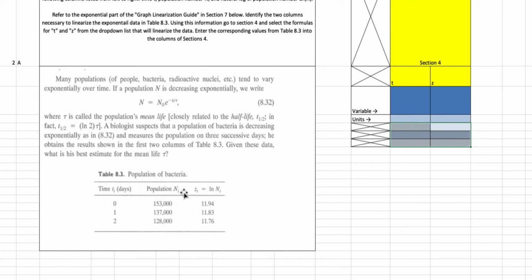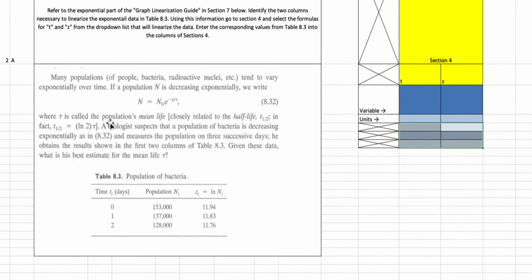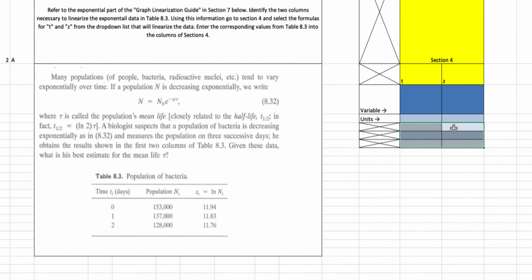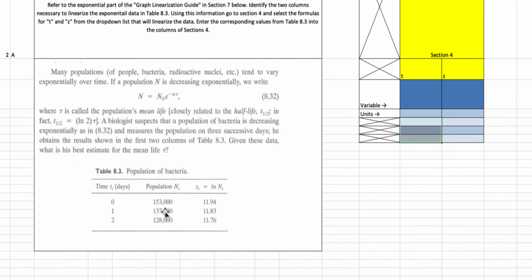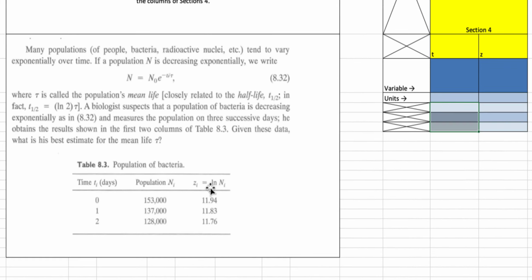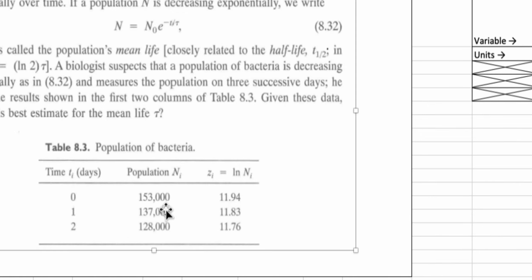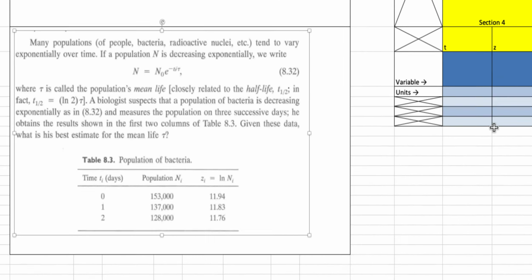And the 2 out of the 3 that you want to choose are the 2 that are going to linearize the graph. And so remember, you have to decide, so this is an exponential decay here. So you have to decide what is a form of z and t that are going to linearize an exponential decay. And once you've decided what the form of z and t are going to linearize the exponential decay, then you're going to pick the corresponding numbers here, whichever one you decide, and you're going to just copy those numbers into this section here.